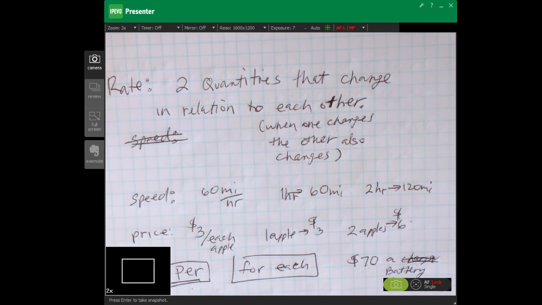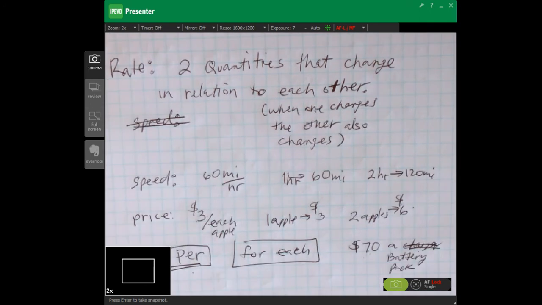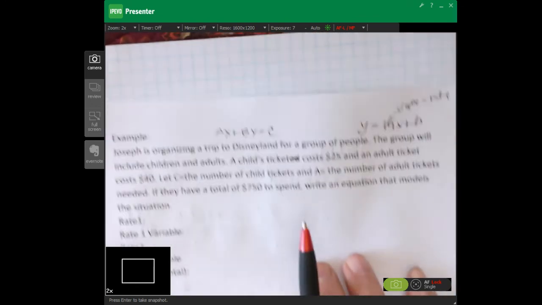These are nice battery packs. So if you buy two batteries, then it would cost you 70 times 2, 140. One battery pack would be $70, and so on. So that's what we're talking about there.